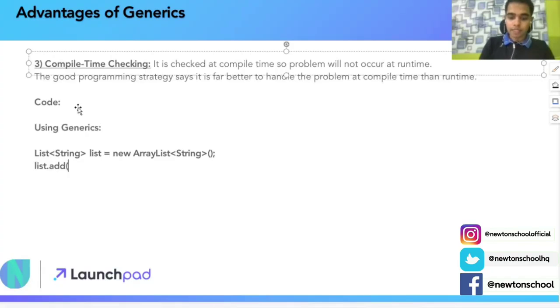Now, when I add the value hello to it, this statement is fine. But as soon as I add another type, let's say 50, this will give me an error, and this error will be a compile time error.